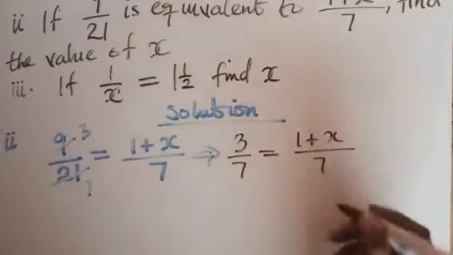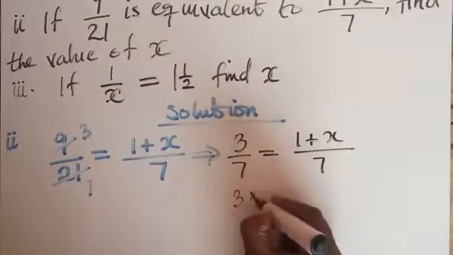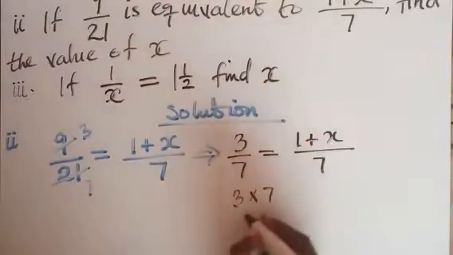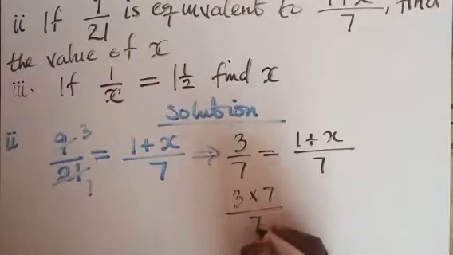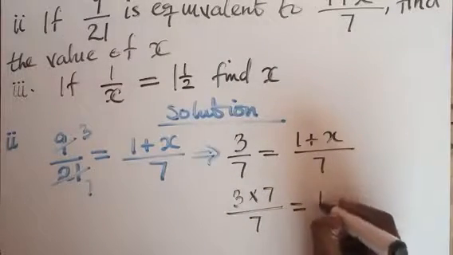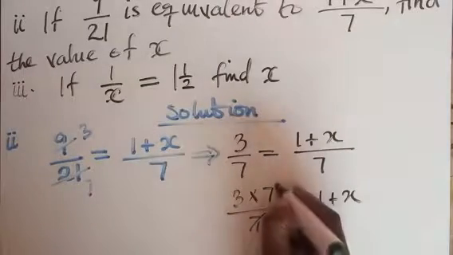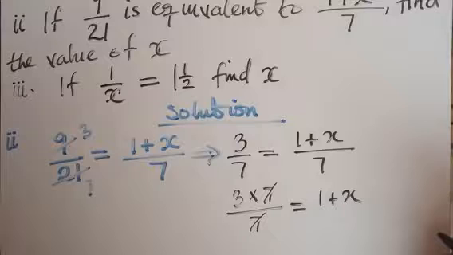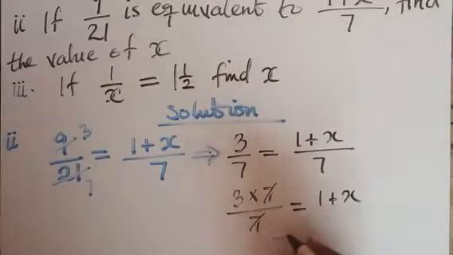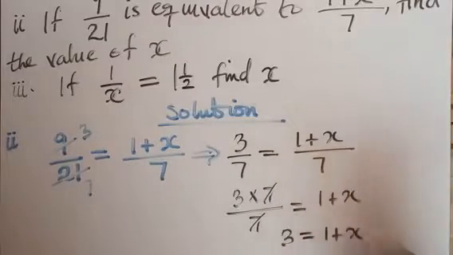So in this case, instead of multiplying, I'm just going to get 3 times 7, that is applying the cross multiplication, divided by 7 to be equals to 1 plus x. So this 7 will cancel the 7. So when that happens, I'm having 3 to be equals to 1 plus x.